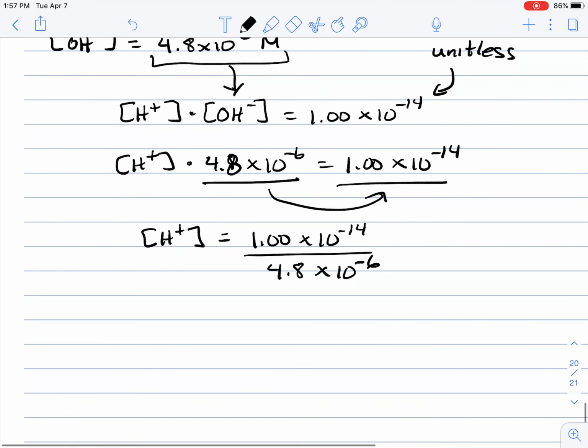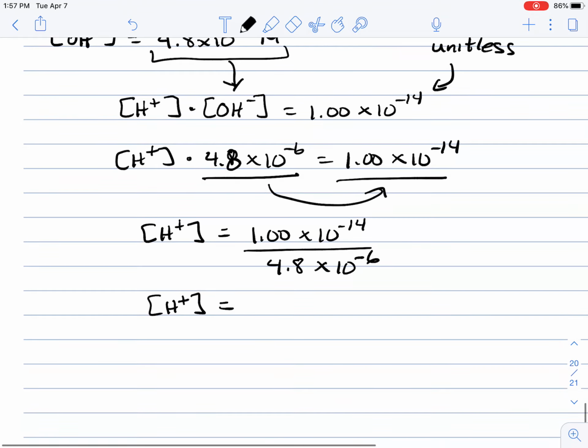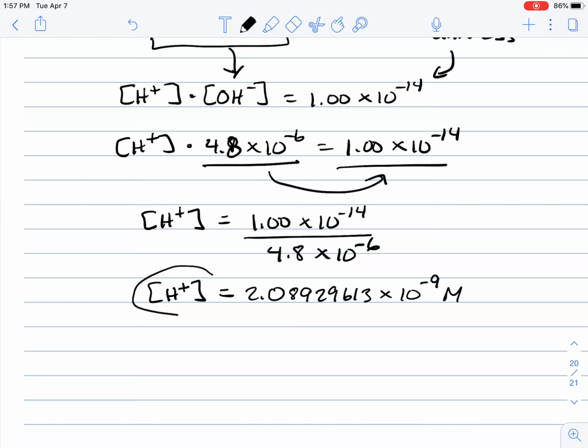If I divide, the concentration of H plus is going to equal 2.08929613 times 10 to the negative 9 molar. Once again, the brackets are present, therefore the molarity unit must be present.